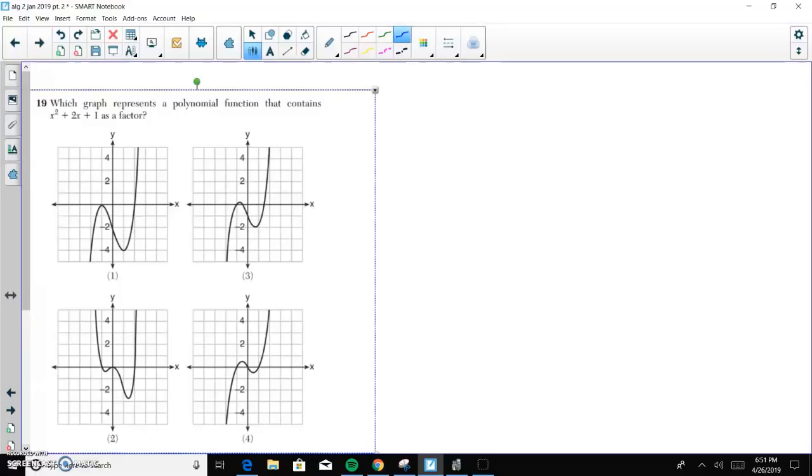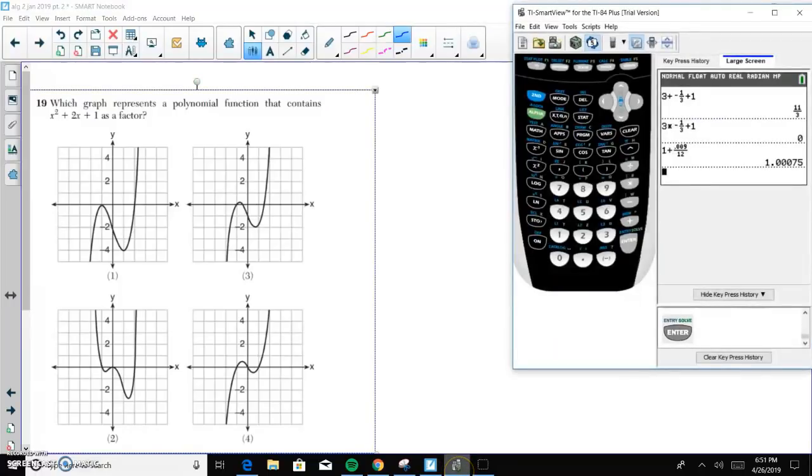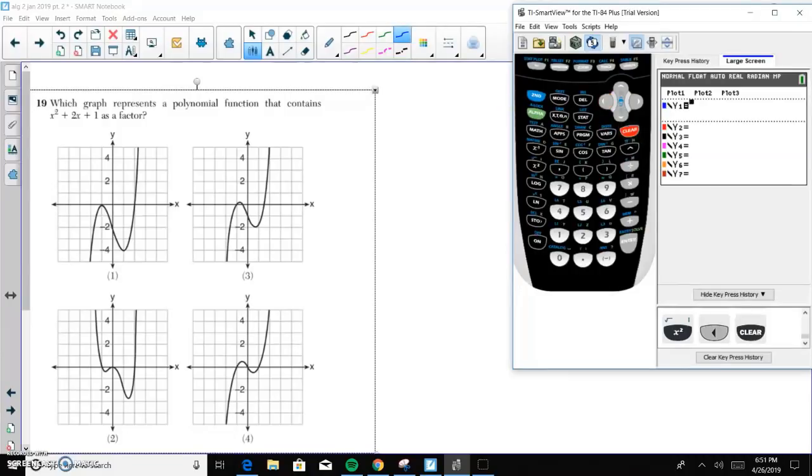So, the first thing you're going to do is graph what it says the factor is.